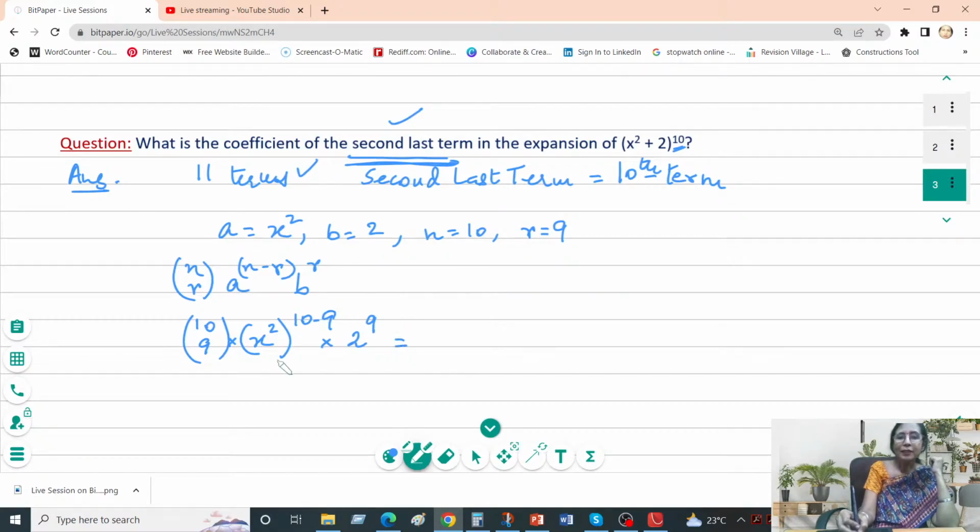Fine. And 10C9, what will this be equal to? Since the n value is equal to 10, the r value is 10 minus 1, that is n minus 1. And nC(n minus 1) will be equal to n. We have seen all these in our previous session.